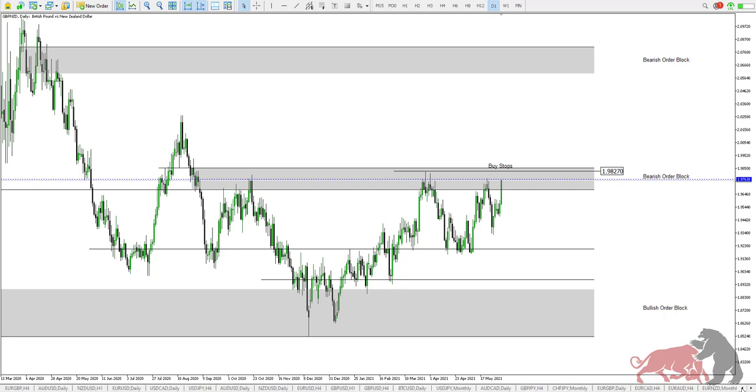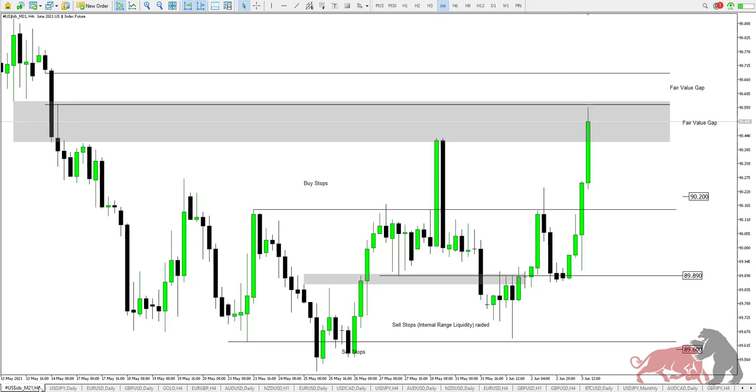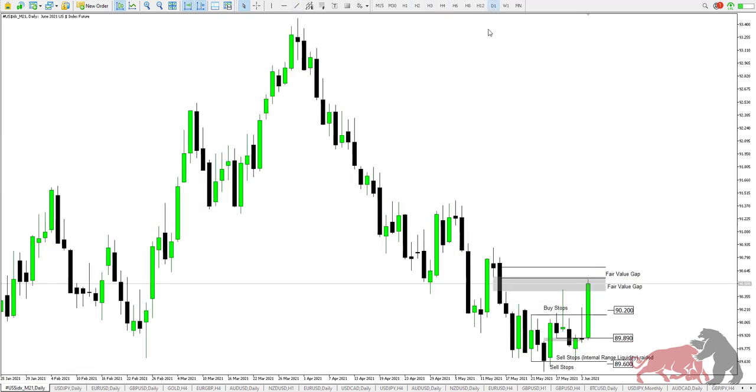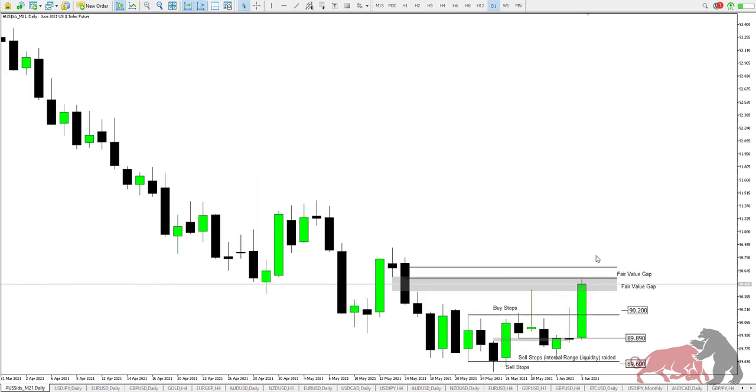Let me go to dollar index quickly. Sorry about my mouse, guys. Right, we can see how dollar has taken off. Dollar has lifted off from the 90-20, right? Strong bullish dollar.